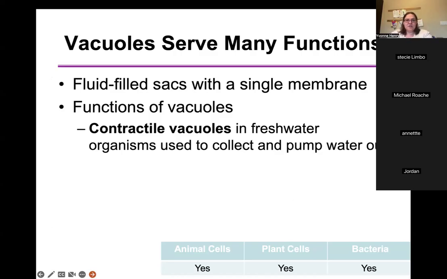Vacuoles, which is oh, it's another one that is in all three cell components. Who remembers what else there was in all three cells, in all three cell types, plants, animals, bacteria? What was the other thing that was in all three cell types? Who remembers?